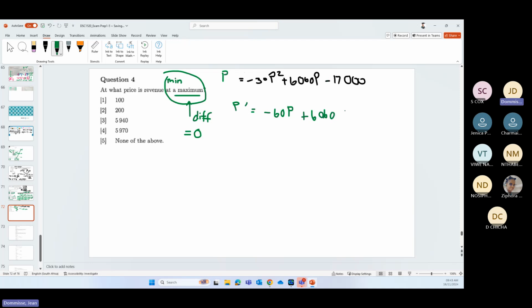That will fall away. That is equal to 0. So minus 60p is equal to minus 6060. So p is equal to 660 divided by 60. Oh my word, 101.